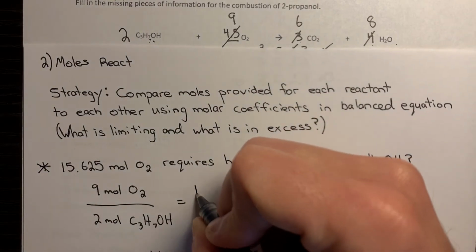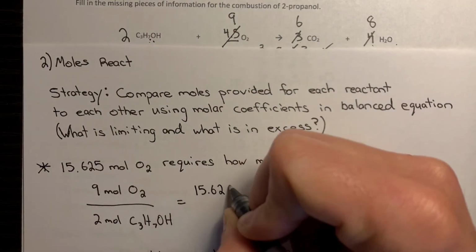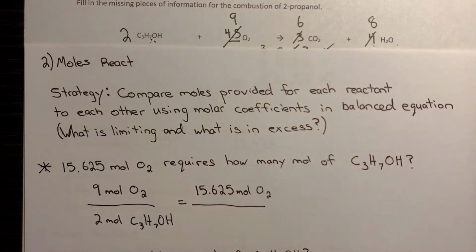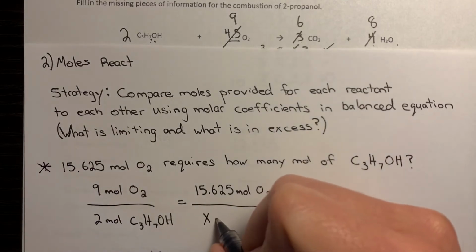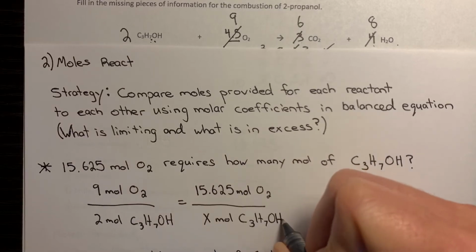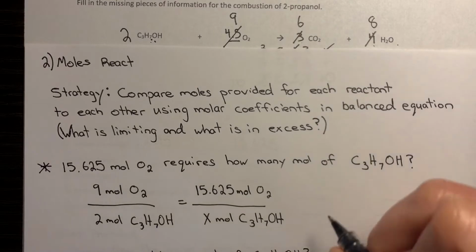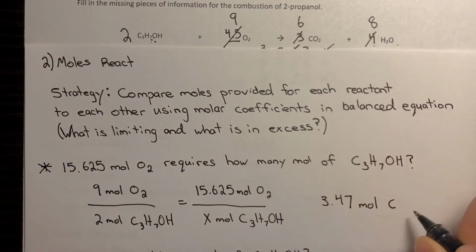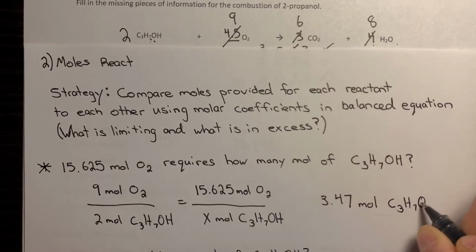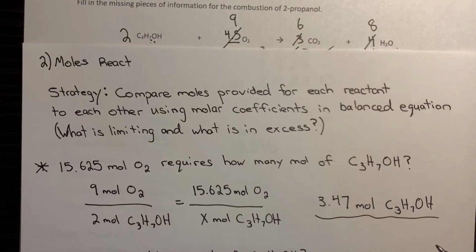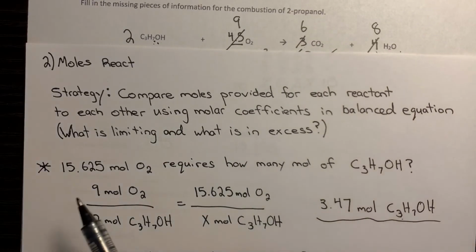Well, I'm told that I actually have 15.625 moles of that oxygen in hand. So I'm just trying to figure out, if I want to react literally all of this oxygen, how many moles, so some X number of moles of the 2-propanol, am I going to need? So I cross multiply, I solve for X, and I find that I have 3.47 moles of C3H7OH, okay?